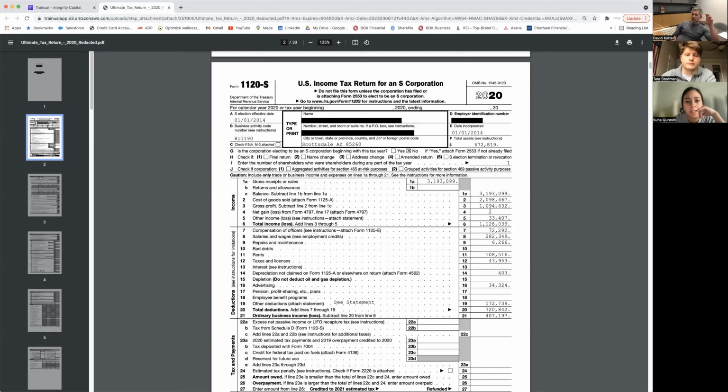Is that possible? So they show here that they made 3.2 million. They show that they made a profit, and they could potentially go out of business, even though you show they're making a profit.